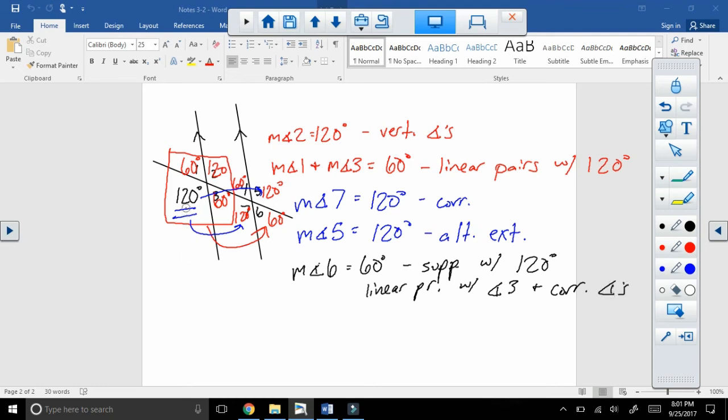Or you could say that the 120 and angle 7 are corresponding angles, and then these two are a linear pair. There's lots of different ways that you could describe that. Kind of the same thing for the angle 4. If you wanted to say these are vertical angles and then these two are consecutive interior angles, you could link things together in multiple different ways.